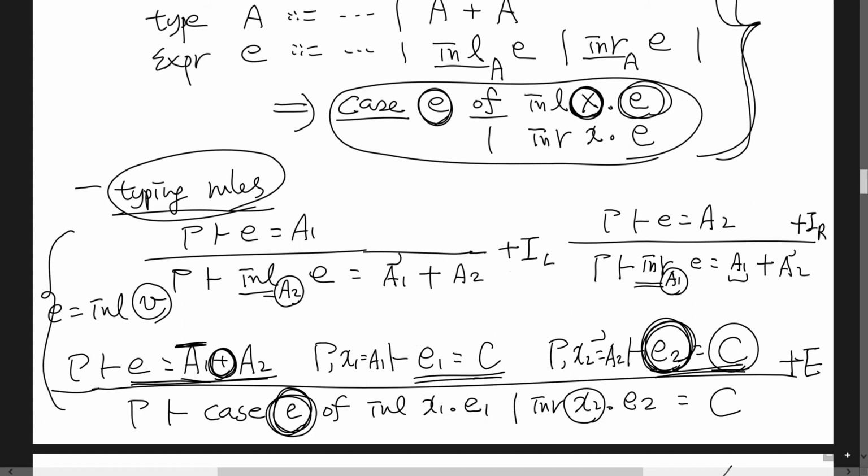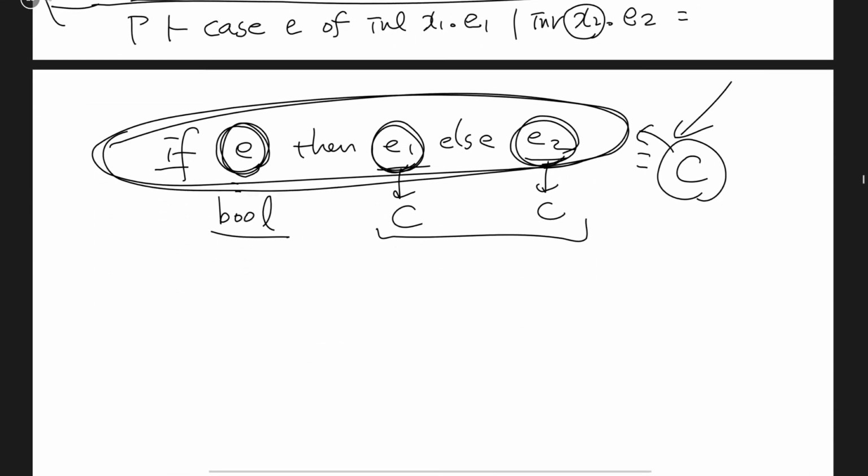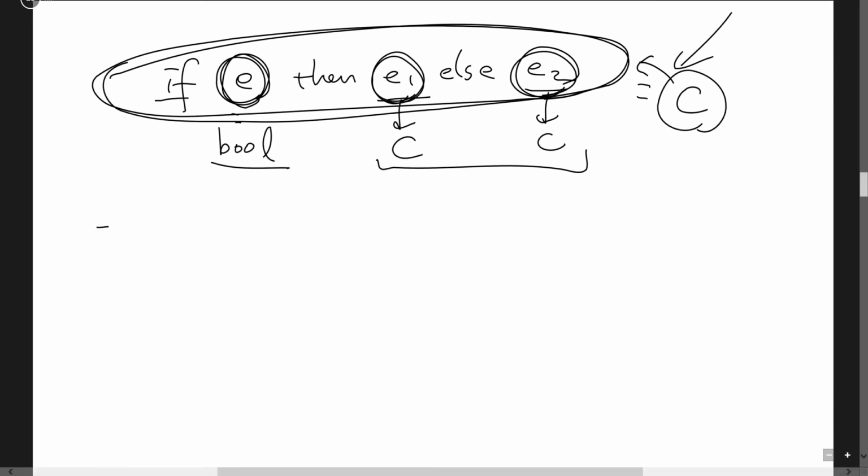Okay, now let's talk about the reduction rules. Similarly to the product types, we can think about eager strategy and lazy strategy, and let's just consider eager strategy case only.